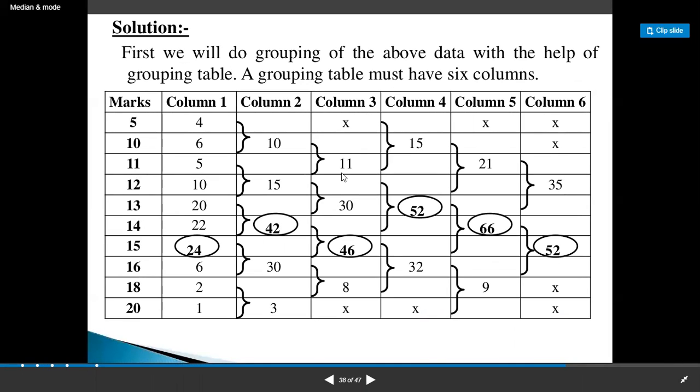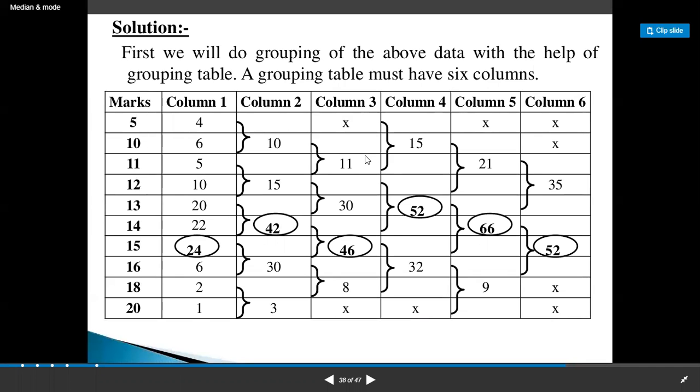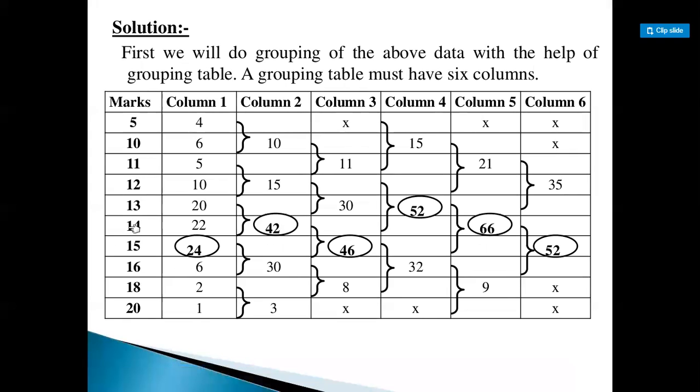In column number 3, 14 and 15. The total of the marks 14 and 15 is the biggest in the column, that is 46. So in column number 2 we marked 13 and 14, and in column number 3, 14 and 15. Now in column number 4, the biggest total is 10, 20, 22, that is 52, which means 12, 13 and 14.